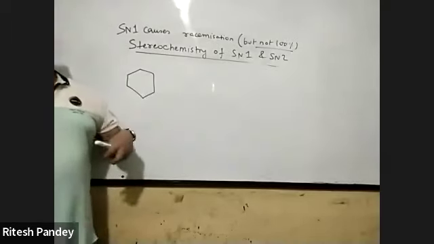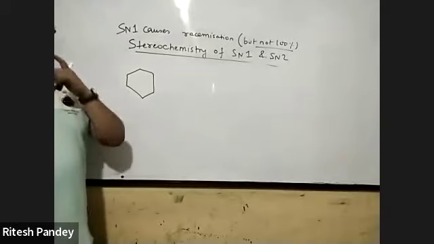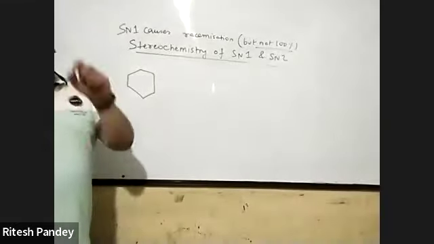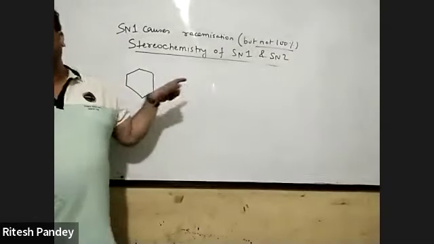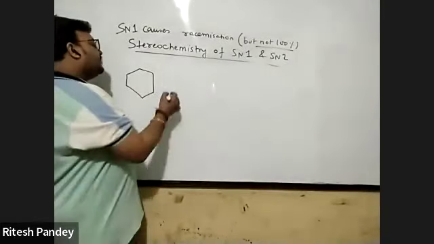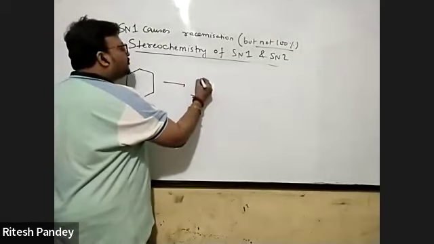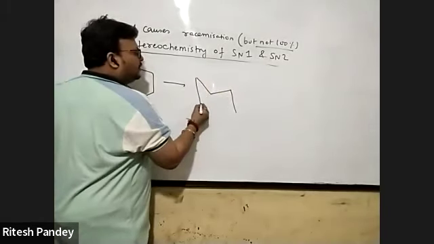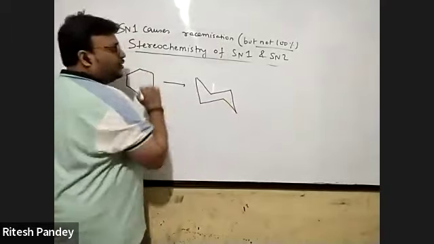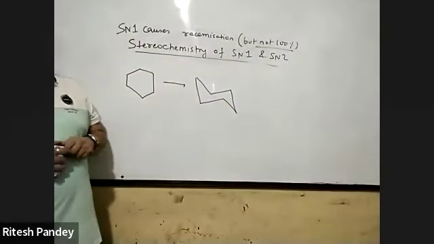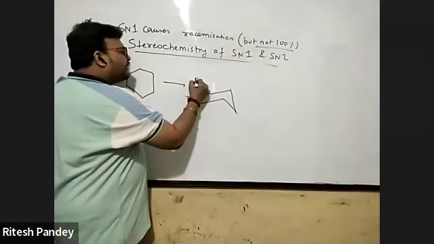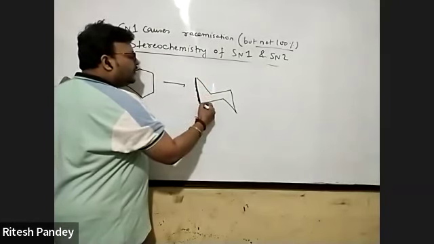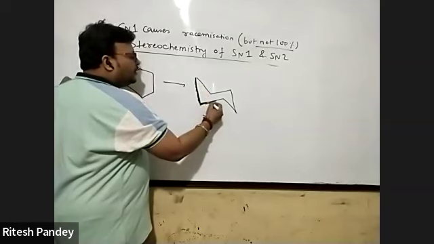I'll tell you about the various possible structures at some point of time, but for the time being, the most stable form in which a six-membered ring exists is actually what's called a chair form. I could make it look a little shaded so that it appears non-planar.